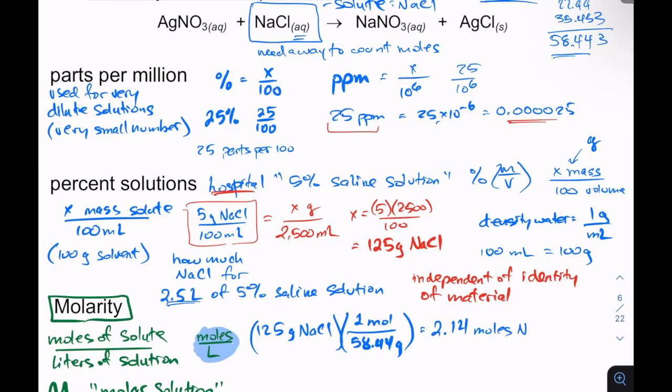That's moles of NaCl. Now I want to calculate molarity, so I need to know how many liters that number of moles is in. That's going to give us our concentration. Well, we're putting this in 2,500 milliliters. That's 2.5 liters. Now we need to work in liters. Molarity is in liters. So that's in 2.5 liters.